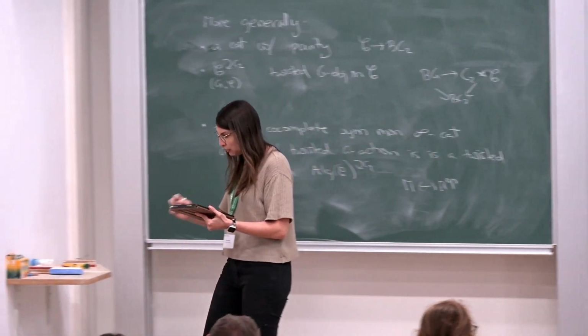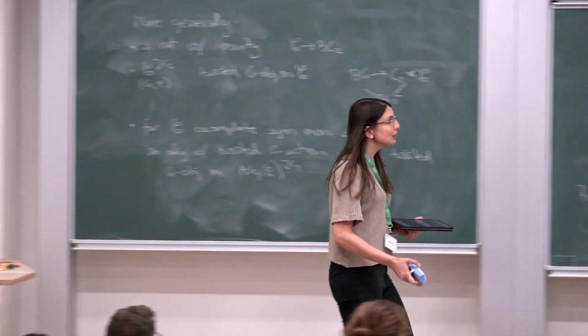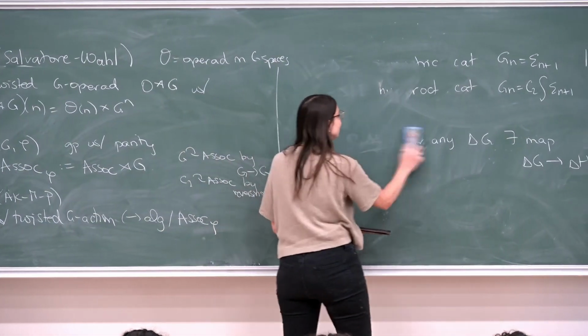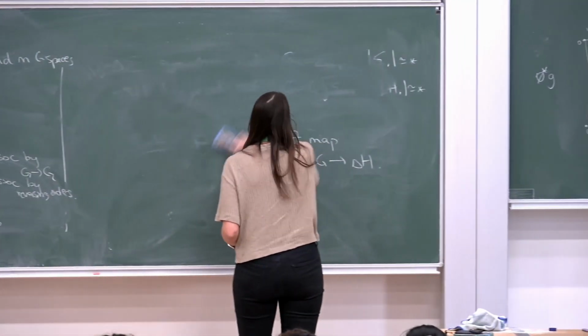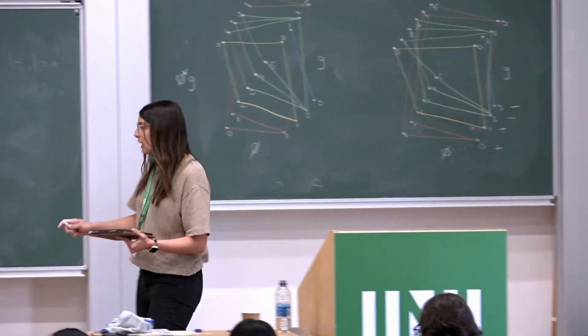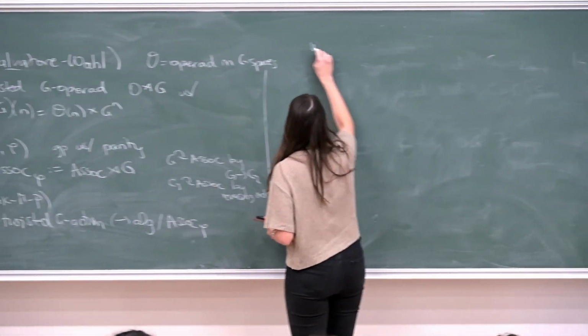Okay, so great. So now we have made sense of the input that we want in the construction from the other end. And lastly, we want to relate this to cross-simplicial groups.